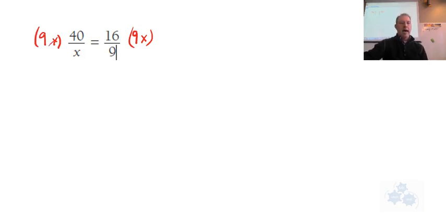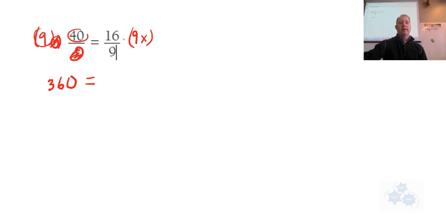Well, the x up here is going to divide out with the x down there. So I'm going to be left with 9 times 40. What's 9 times 40? You might have to get your calculator out for that one. 360, very good. So do you see how the x's are gone here? So I just have 9 times 40.